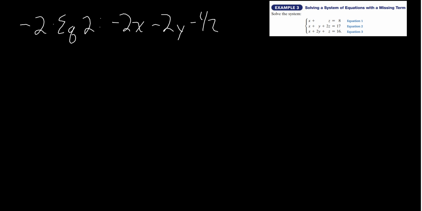So if we're trying to get rid of the y, it looks like we're going to multiply the top one by negative 2. So we're going to say negative 2 times equation 2. Okay, so that's going to be negative 2x minus 2y minus 4z is equal to negative 34.